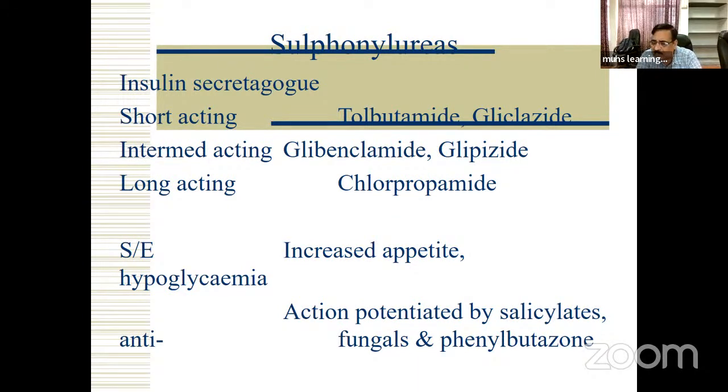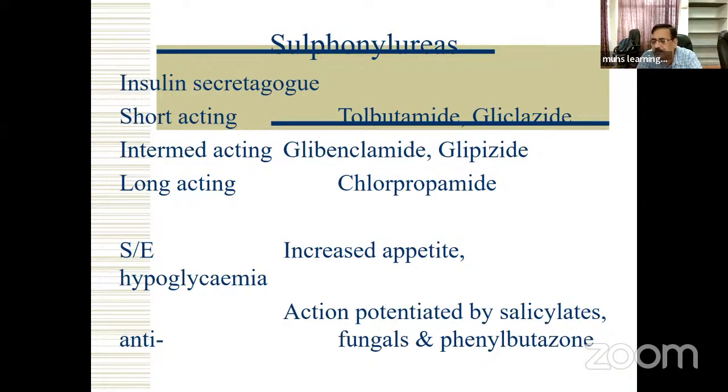Chlorpropamide is a long-acting drug that can treat hyperglycemia for 36 hours and more. It is mostly condemned and hardly used. Glimepiride again has been promoted, and it is an oral agent which has good long-term control and a lesser incidence of hypoglycemia.